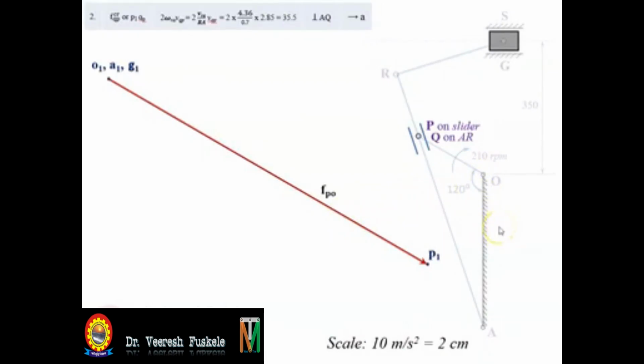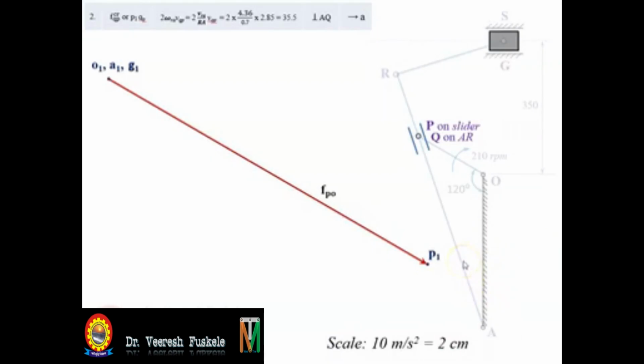The direction of the Coriolis component is decided by rotating the velocity vector at an angle of 90 degree in the direction of rotation of the link, or in the direction of angular velocity of the link.